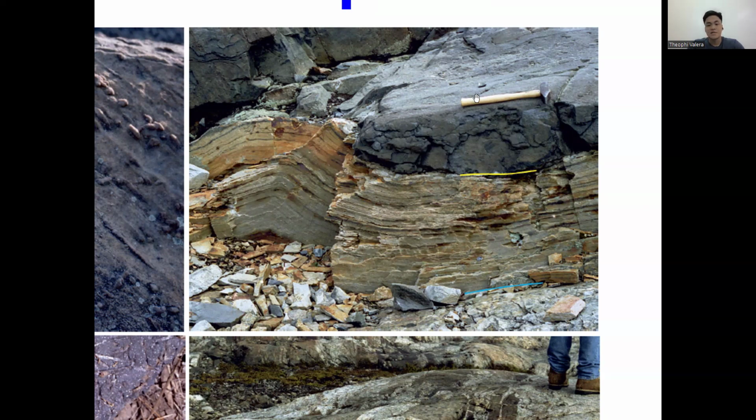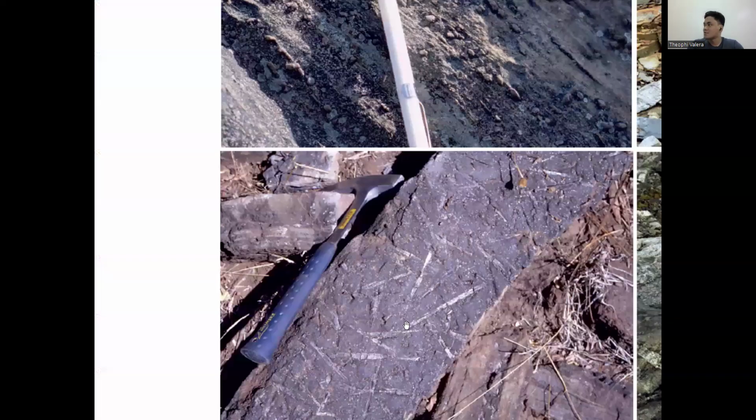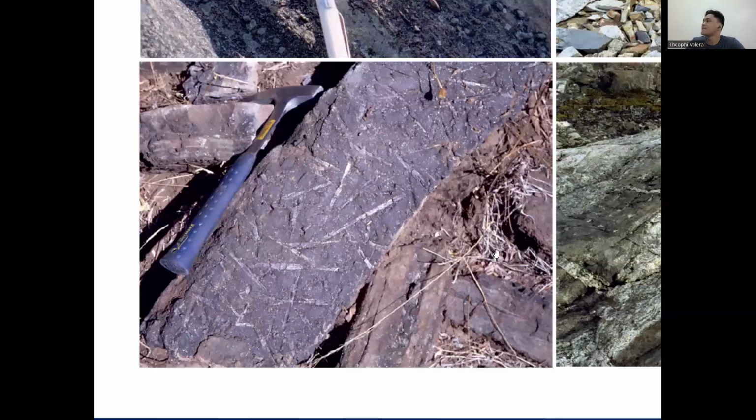But after this basaltic dike intruded, this texture, when we zoom in, is now recrystallized into granoblastic rock. These are andalusite porphyroblasts. As you can see, they have no preferred orientation, which is an indicator of contact metamorphism. This is what aluminosilicates look like in the field.